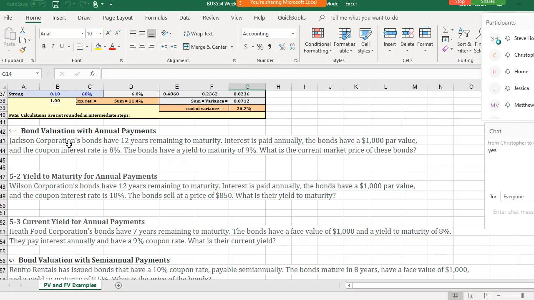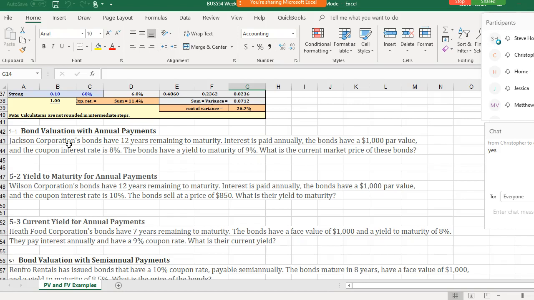The first question is coming from the back of the chapter. If you have your ebook, I copied and pasted these questions directly from the problems at the back of chapter 5. That's my source.